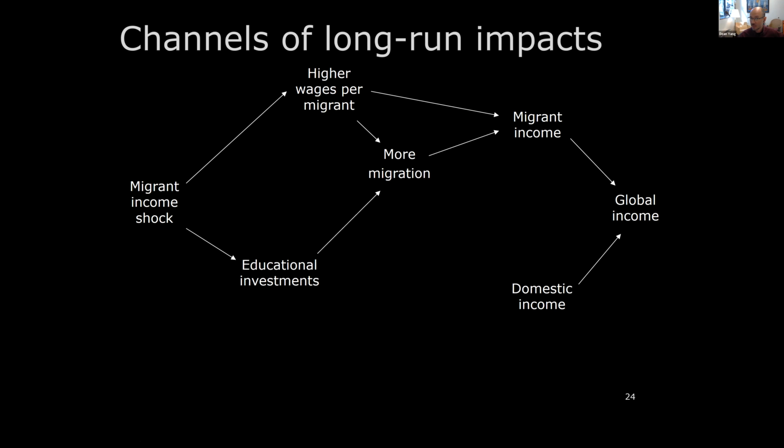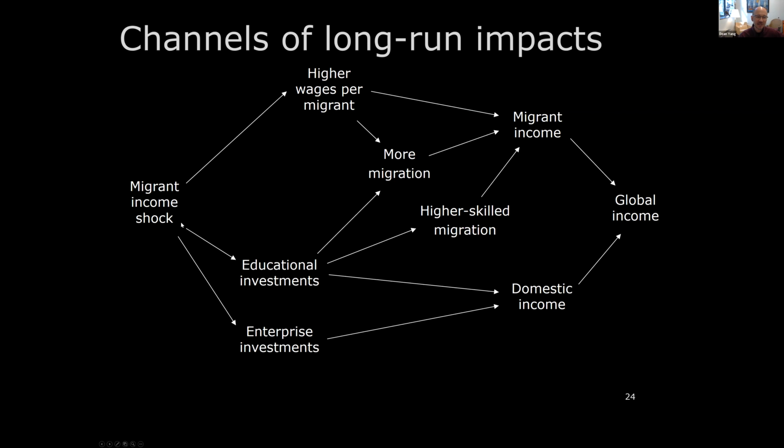That itself can lead to more migration as well, and also may actually change the skill composition of migration. So people may actually migrate in higher skilled jobs, and that could also lead to higher migrant income. Educational investments may also affect domestic income, for sure. And that's been the subject of a very large literature in labor economics. Don't need to elaborate on that.